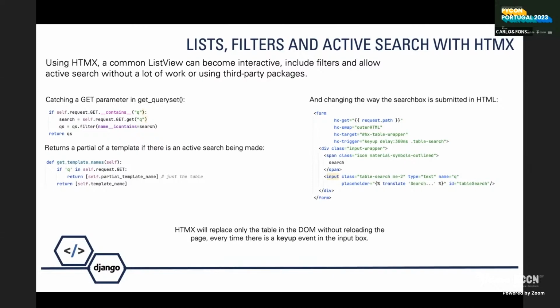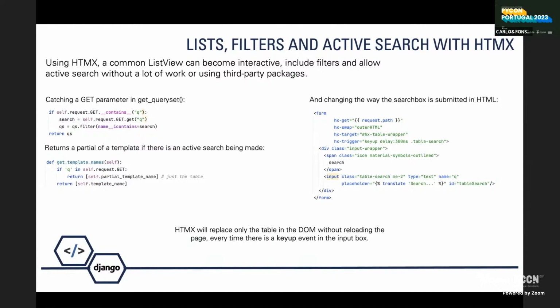So also in get_template_names, we replace the regular template name by an alternative template. In this case, I've added it to partial_template_name. In the HTML, the only thing we need to replace is the action and method parameters in the form, replacing them with HTMX attributes. As you can see, hx-get will perform a GET request to the same page we are on.